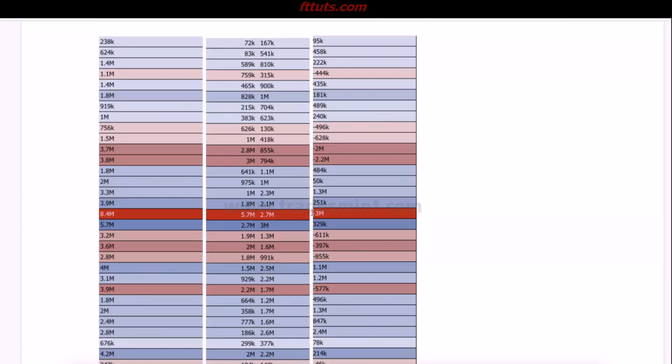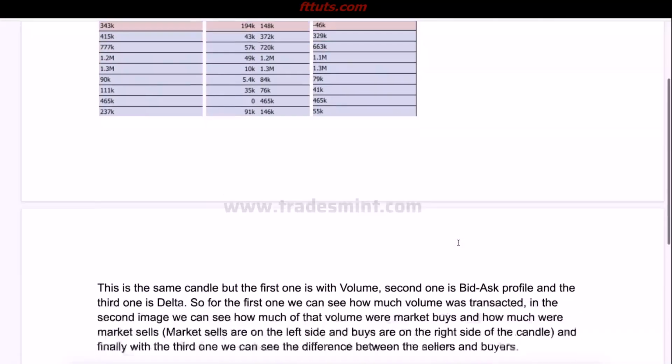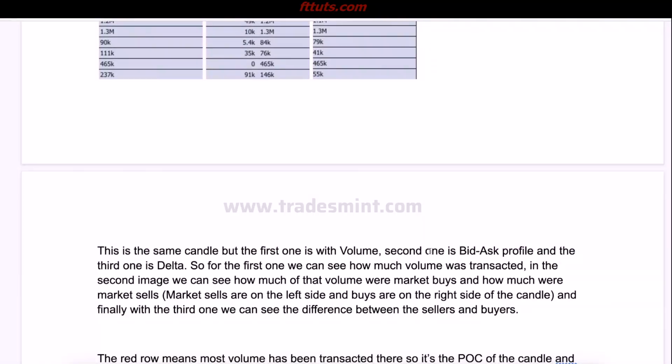Okay, and then over here, this is showing us delta, where we can see that there were 3 million more sells than there were buys, right? Because we're doing the buys minus the sells, that equals delta. 2.7 minus 5.7 equals negative 3 million delta. Okay, these candles are all the same, but the first one is volume, the second one is the bid-ask profile, and the third one is delta.